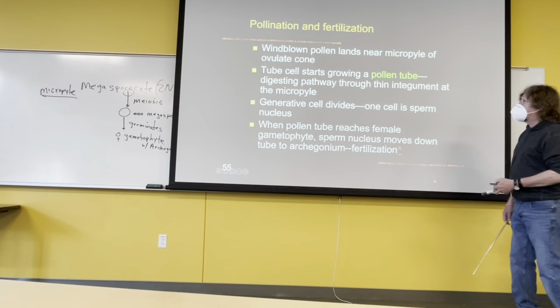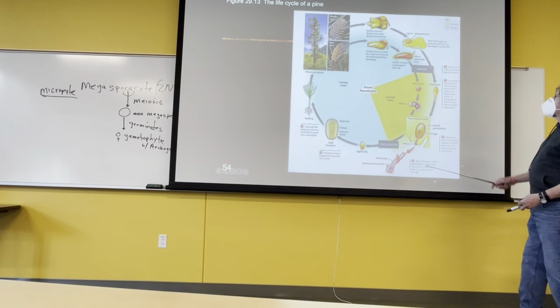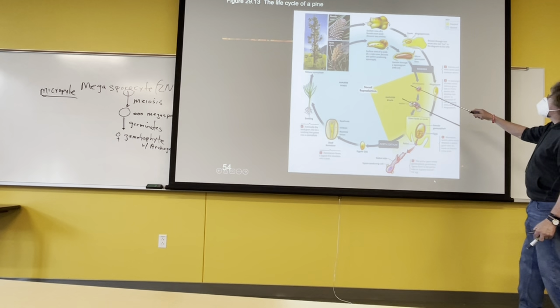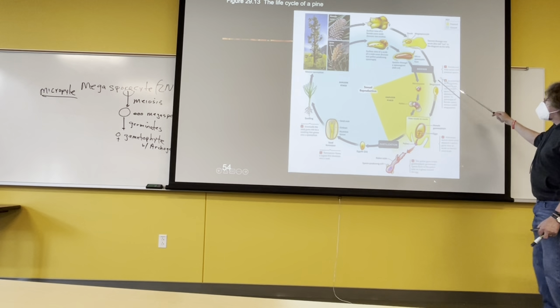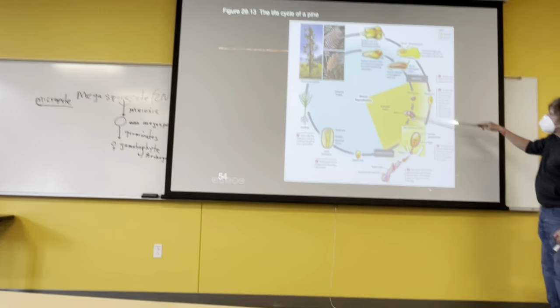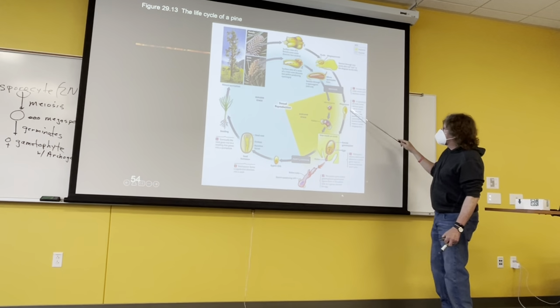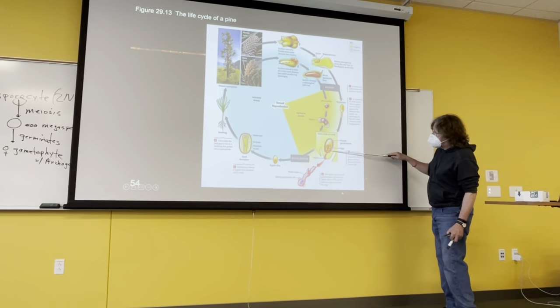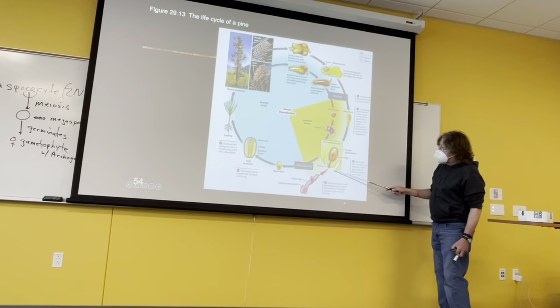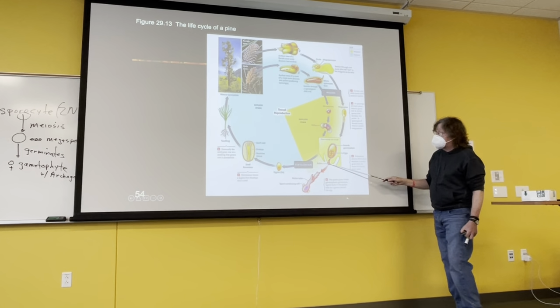Okay, so just to go back here, this is showing the life cycle. So we're at this point. Here's our pollen. Here is the megaspore, but it becomes a female gametophyte. Down here is where the pollen grain is.